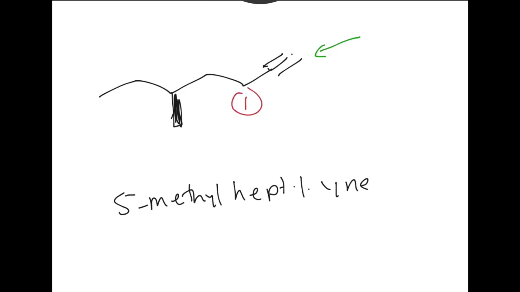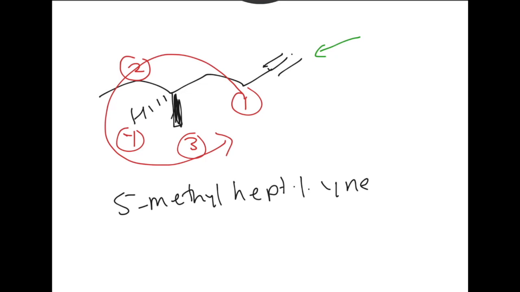This group is priority 1, 2, methyl is 3, hydrogen makes 4. The hydrogen's away from us. We connect the dots. So that's going to be S. Very good. Put parentheses around it to make it look fancy. There you go.